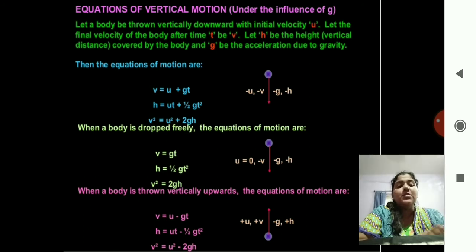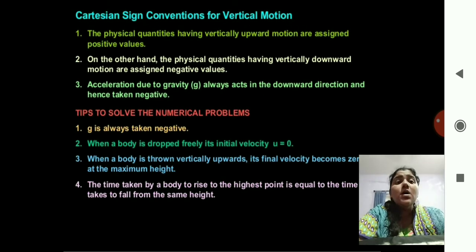Again minus 2gh, because we are going against the gravitational force. I am repeating again and again: when we go against the gravitational force, the sign will always be minus, negative.